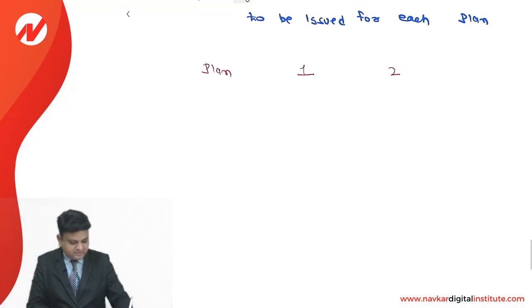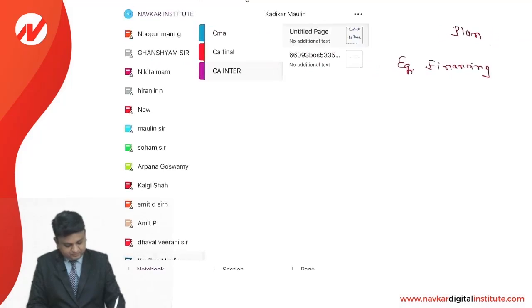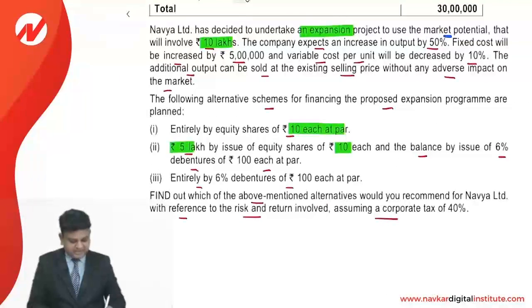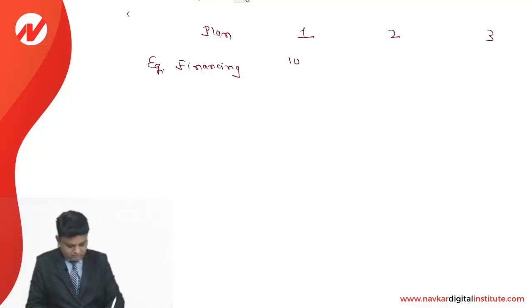First plan, second plan and third plan. As far as equity financing is concerned, in the first case it is entirely an amount of 10 lakhs, in the second 5 lakhs, and in the third 0.